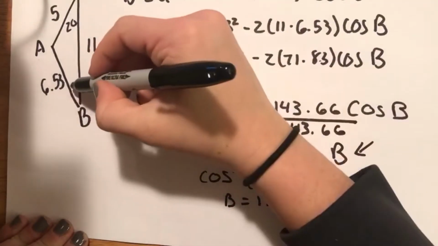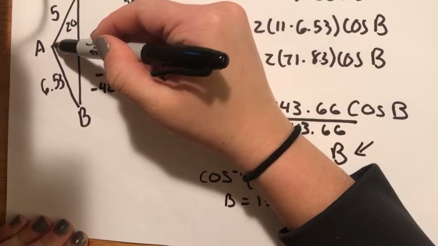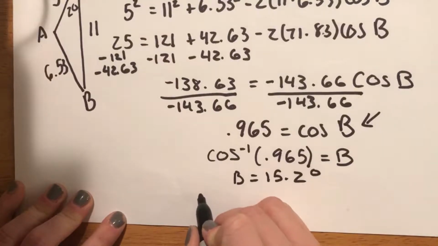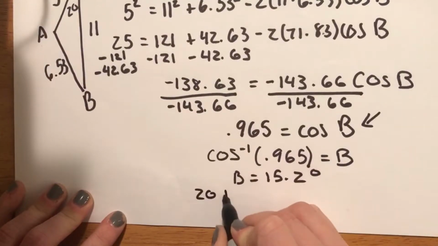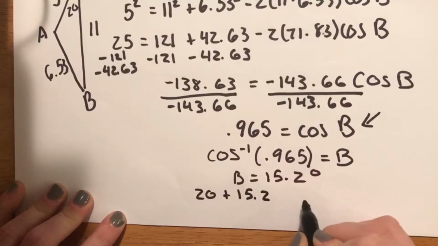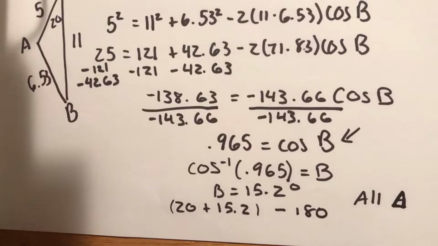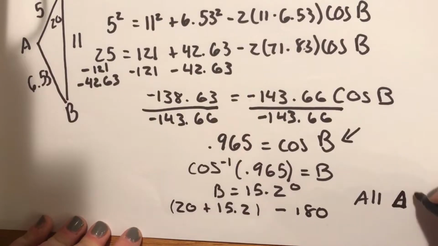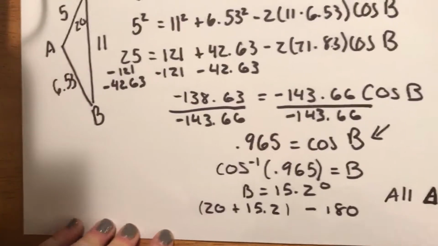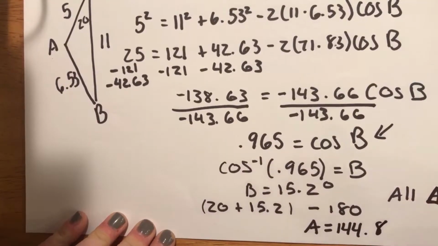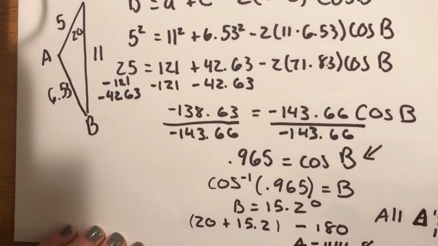Now we have this angle right here, and we need to find angle A. To find angle A, we take 20 plus 15.2 and subtract that from 180. All triangles equal 180. This leaves us with angle A equals 144.8. And now we have solved the whole triangle.